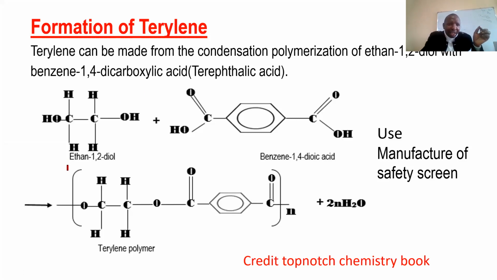We are combining ethan 1,2-diol with benzene 1,4-dioic acid. The ethan 1,2-diol will give the what? The OH. And then benzoic acid, the H. Can you listen? Listen very carefully.